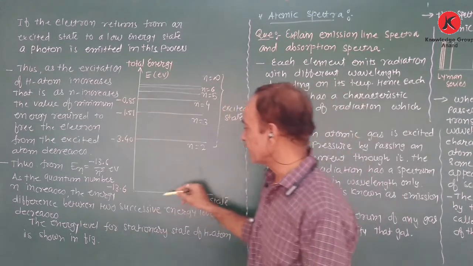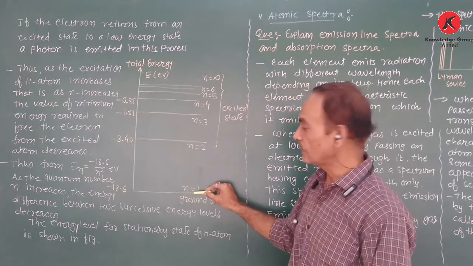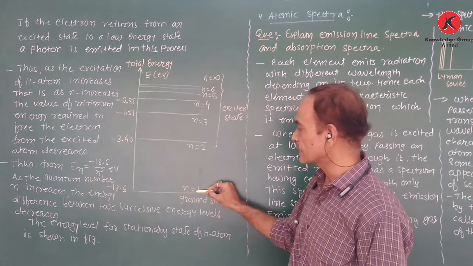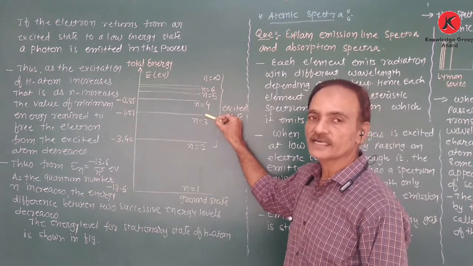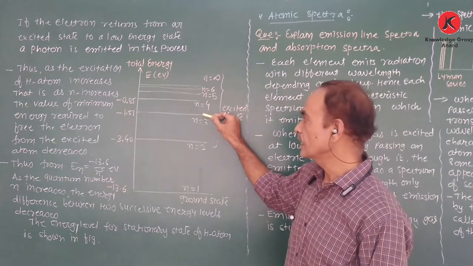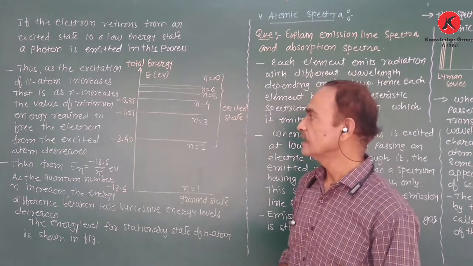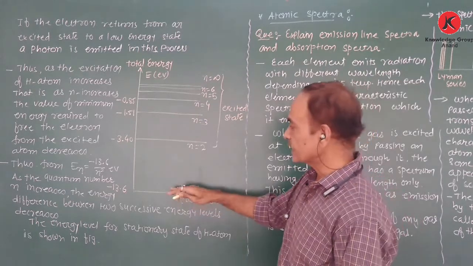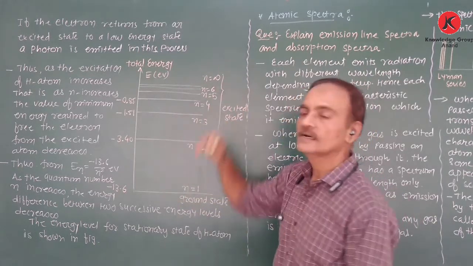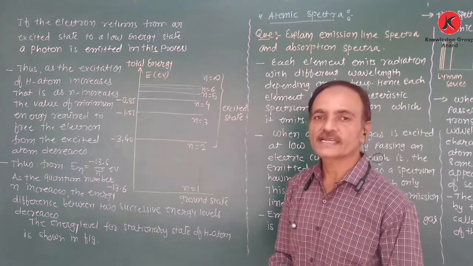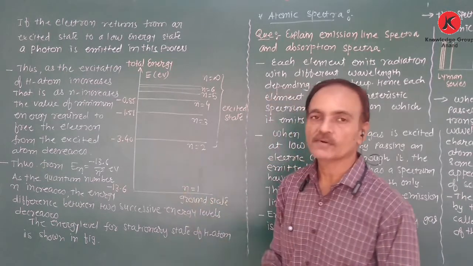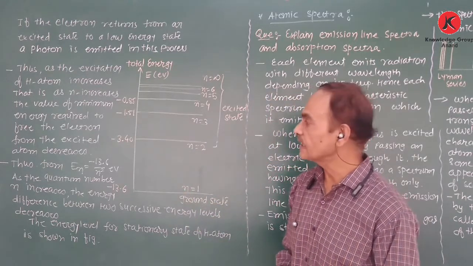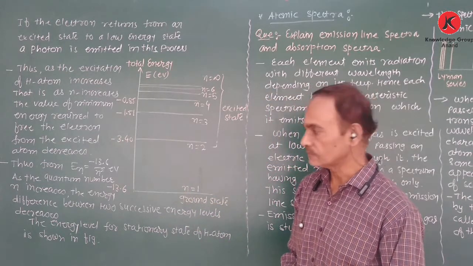Similarly, when it gets energy equal to the energy difference between the ground state and the second excited state, that means the third state, E3 minus E1, it makes the transition from the ground state to the second excited state. So this is the energy level diagram for the hydrogen atom.